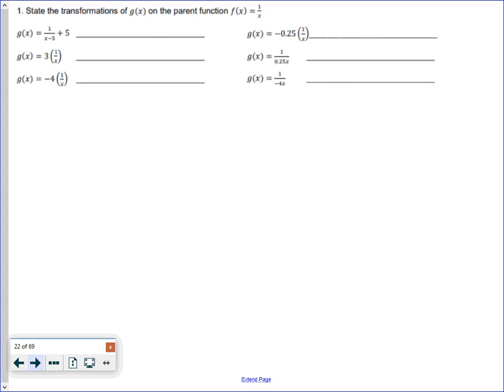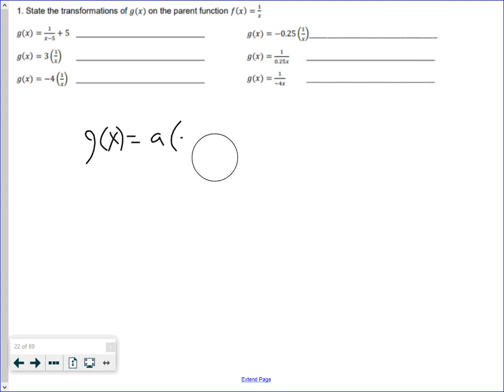So here we're going to say the transformations of g of x on the parent function f of x equals 1 over x. So remember the general equation for a transformed parent function of 1 over x. That's going to be a times 1 over x minus h all plus k.